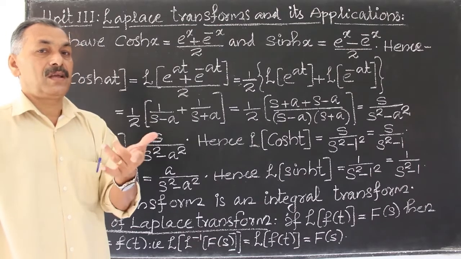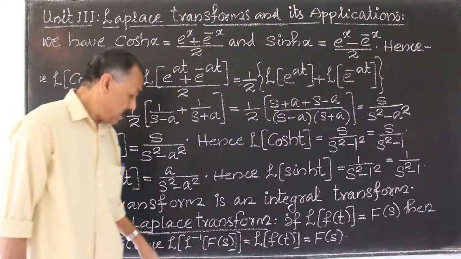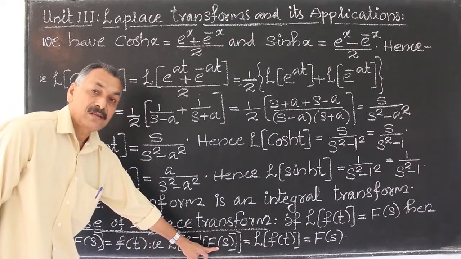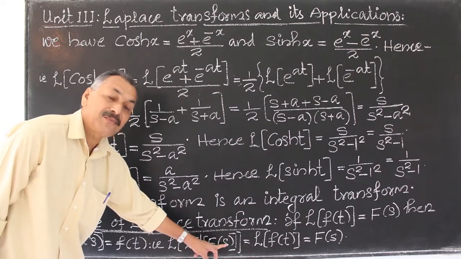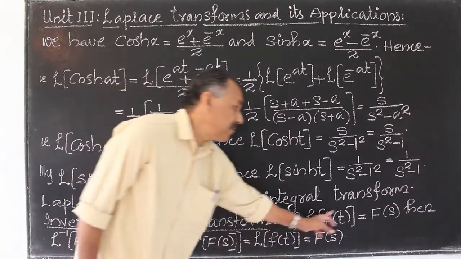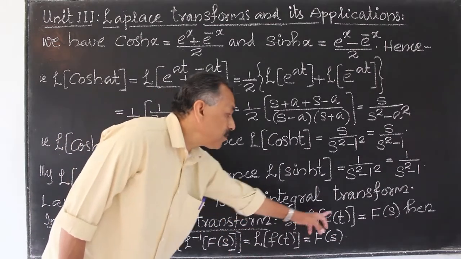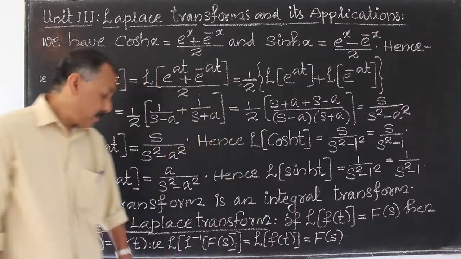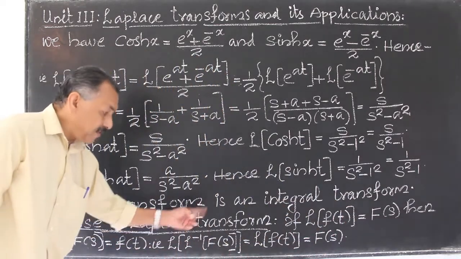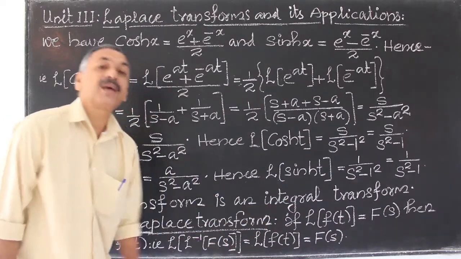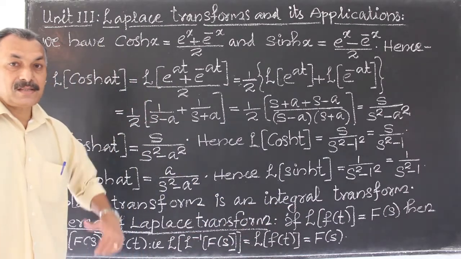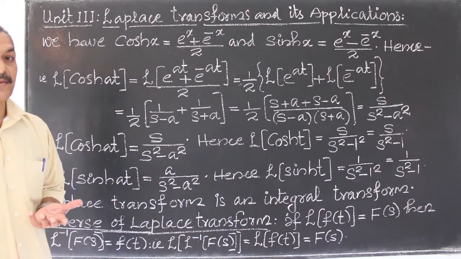L of f of t. The other one, look at L inverse, then L inverse of F of s. What are these F of s themselves? They are Laplace transforms, f of t, right. L inverse F of s is equal to f of t. That is L of f of t. What is L of f of t? F of s. That means L inverse F of s is equal to f of t. That is the Laplace inverse. Okay.